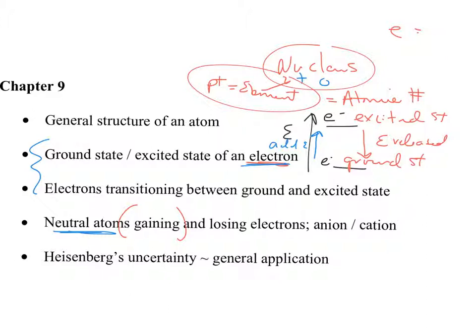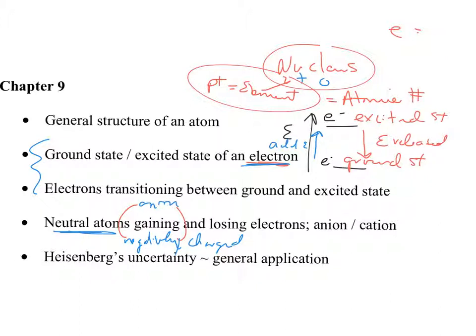A neutral atom gaining electrons is going to be negatively charged. And what do we call a negatively charged thing? An anion, yes.